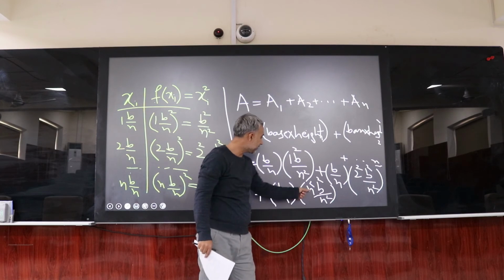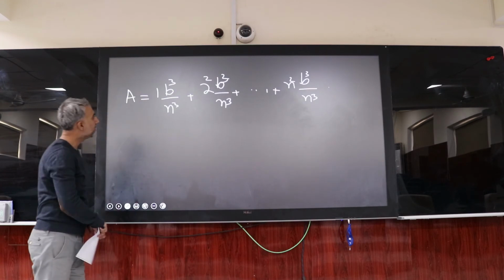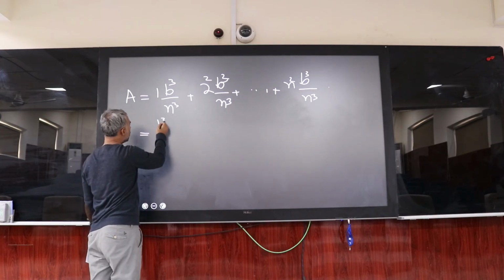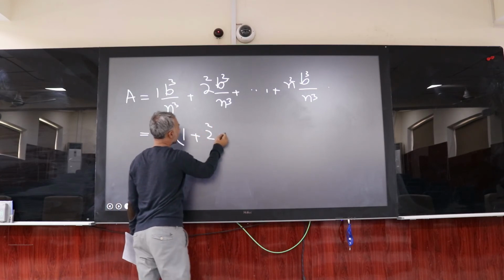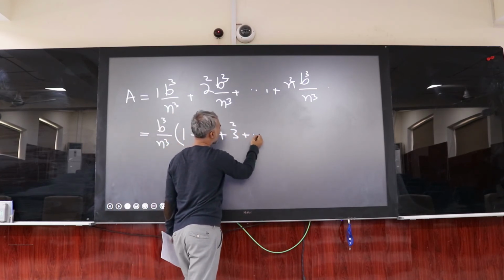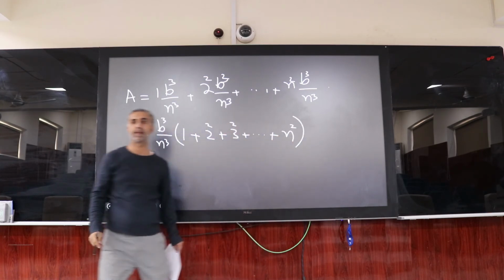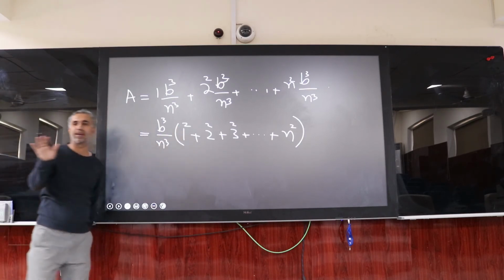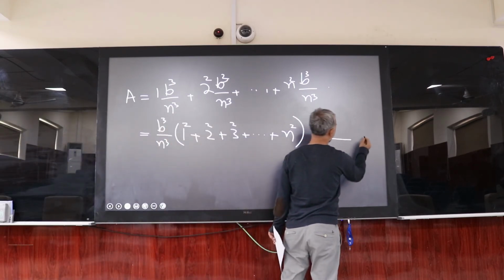Now there is one term which is common, b cube over n cube, and we can see 1 plus 2 square plus 3 square plus up to n square. For simplicity, it does not matter if we make some arrangement like this. Is it clear? Yes. Label this as equation 1.